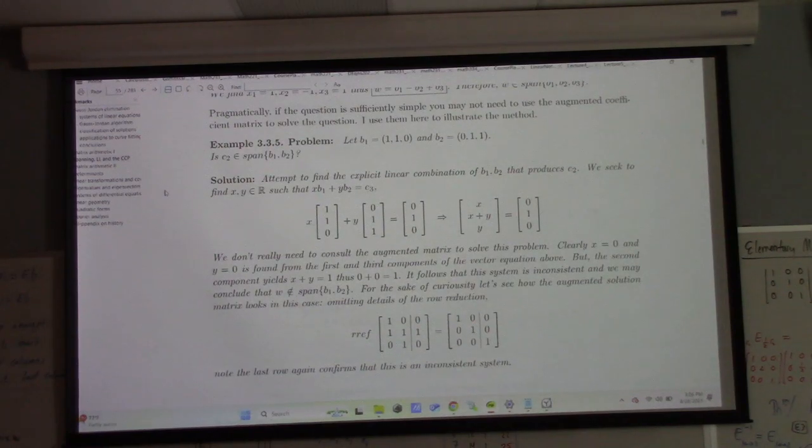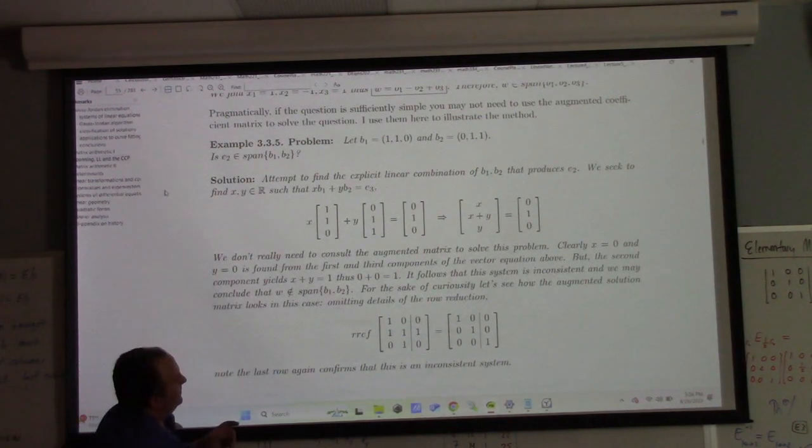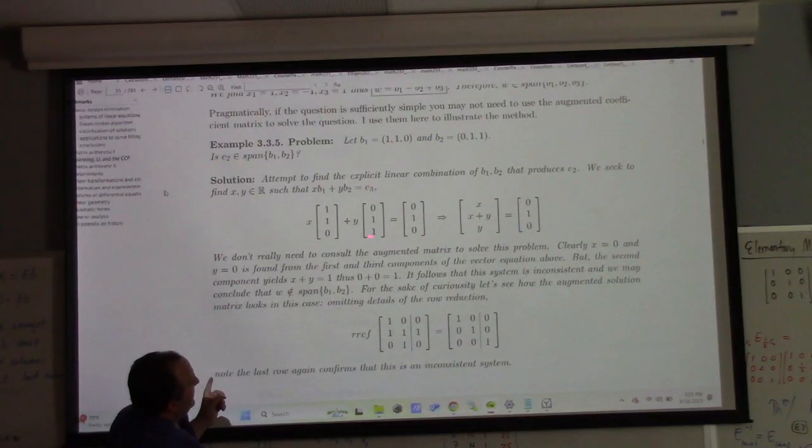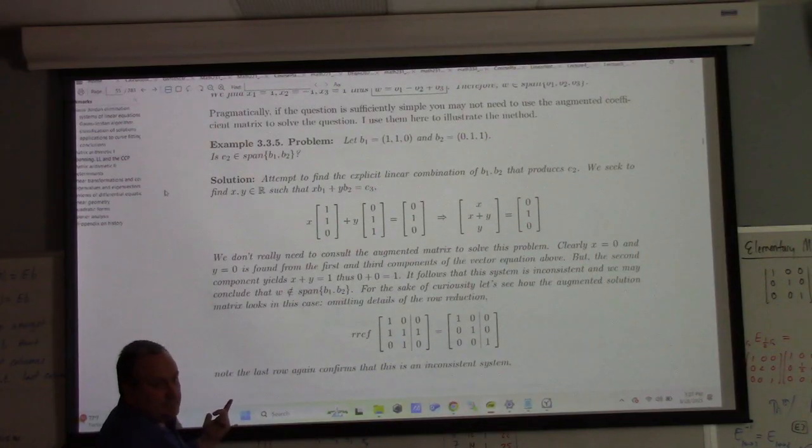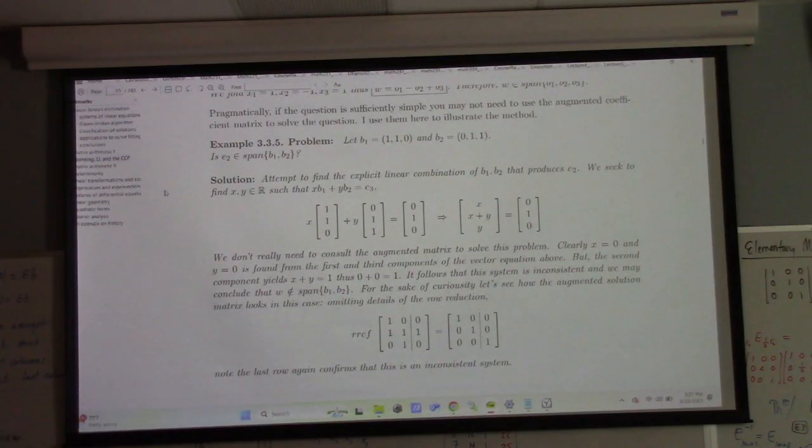So here's one that didn't work out. If we try to answer the spanning question, it amounts to doing this row reduction, and we get an inconsistent system, which says that no, (0, 1, 0) is not in the span of (1, 1, 0) and (0, 1, 1).